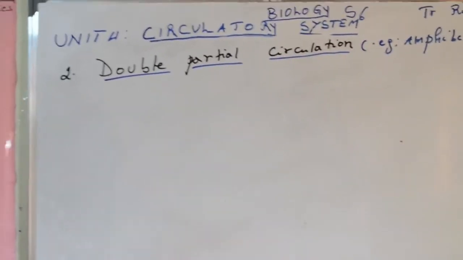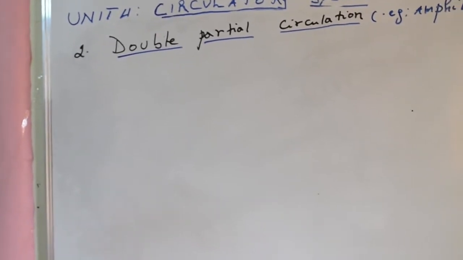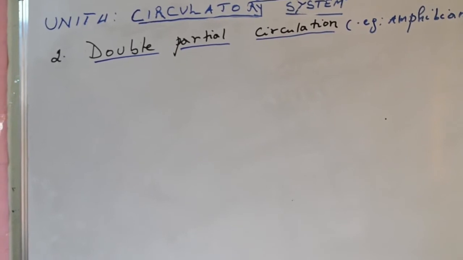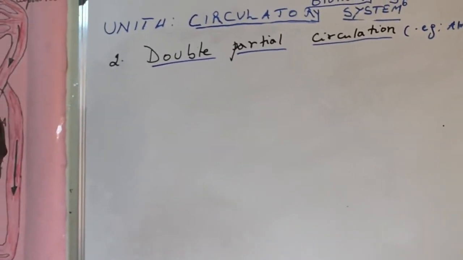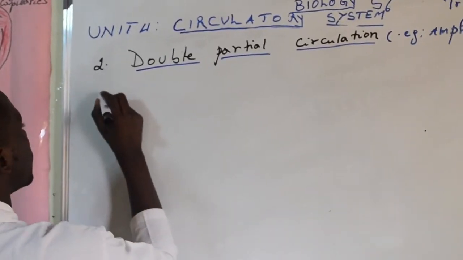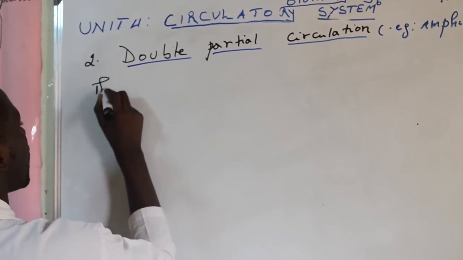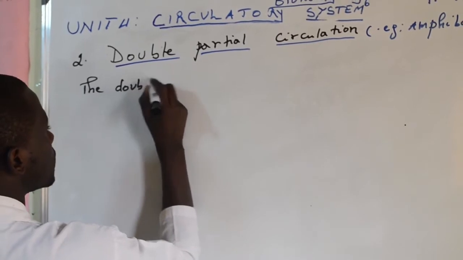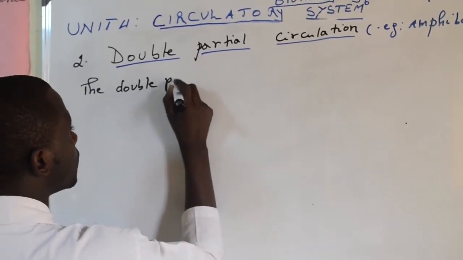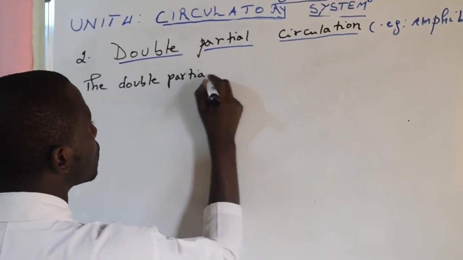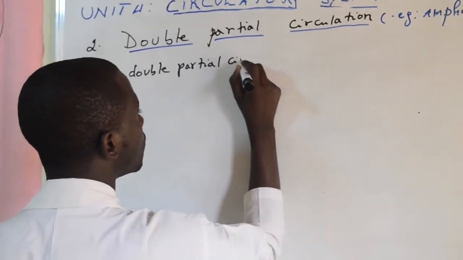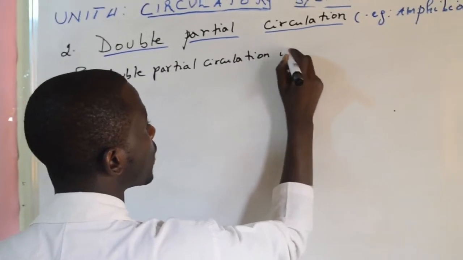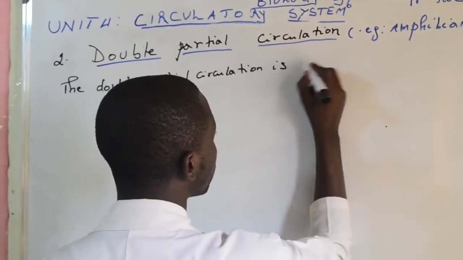Why do we say it's double partial circulation?